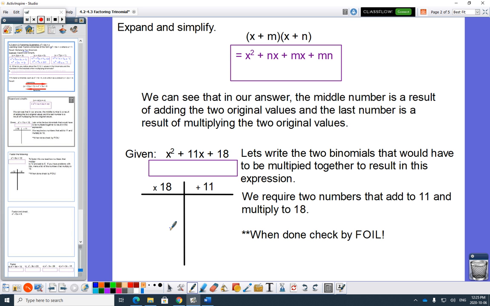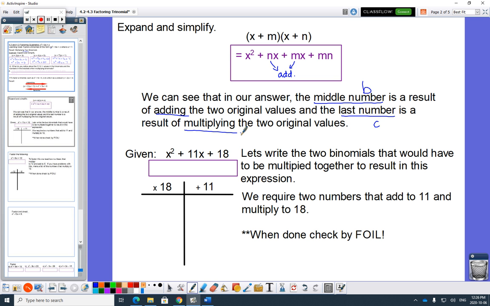So when you collected like terms, you would add these numbers. So the middle number is always adding. The last number is multiplying. So middle or B, you add. Last number or C, you multiply.